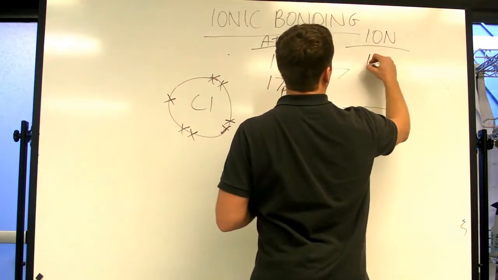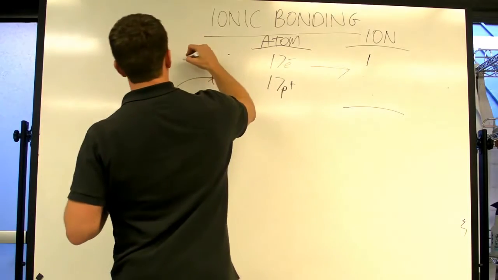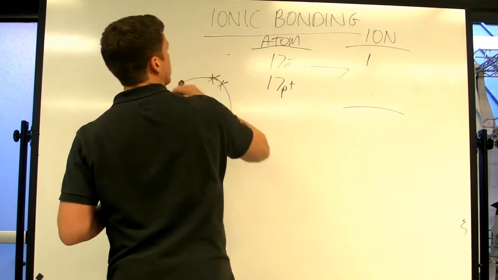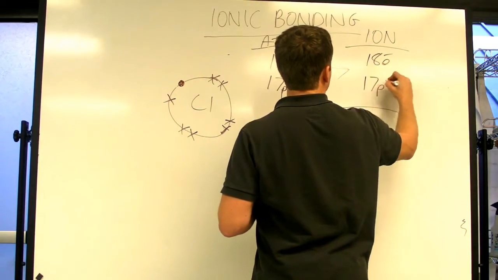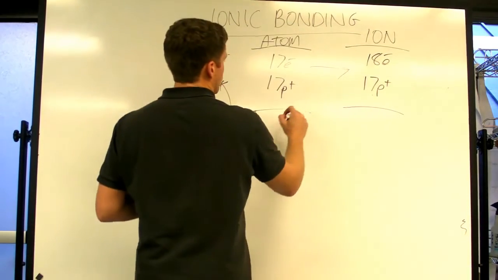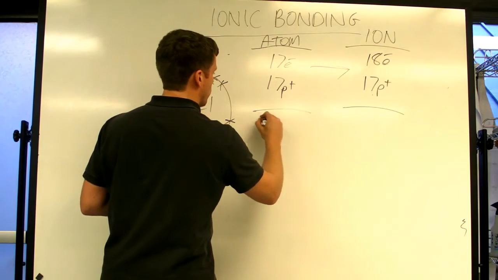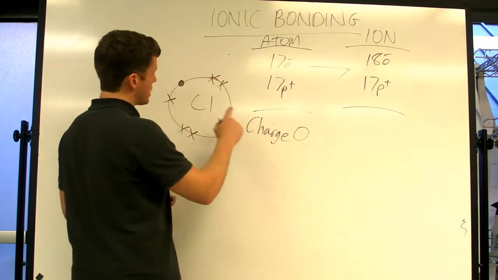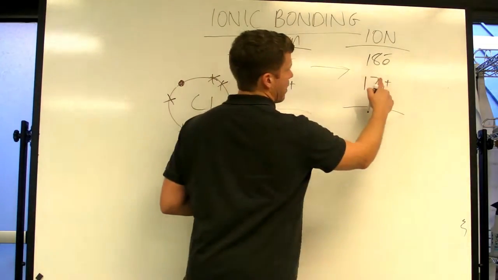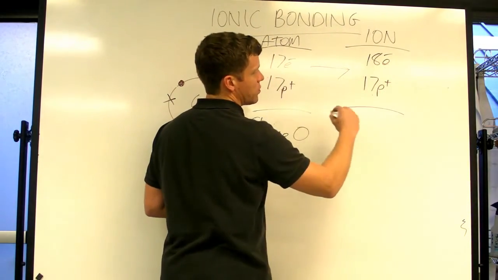So because it gains 1 electron, let's draw it as a dot. It's actually going to have 18 electrons, but still keeps 17 protons. So the charge of the atom would be 0, always 0. But because it's gained 1 electron, it's going to have 1 more negative charge than positive charge.